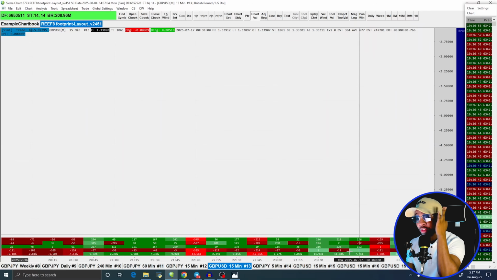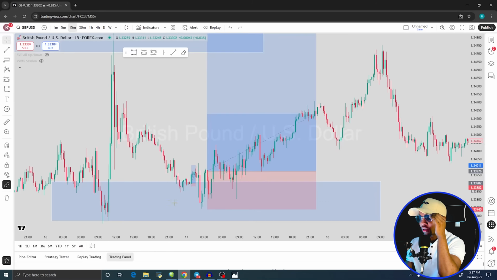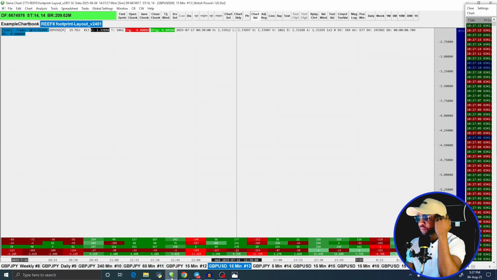Either for our 3 setups on the 15-minute time frame. Remember, we got the point of interest from the 4-hour time frame. So we had to go down to the lower time frame and look for a confirmation with our 3 setups.